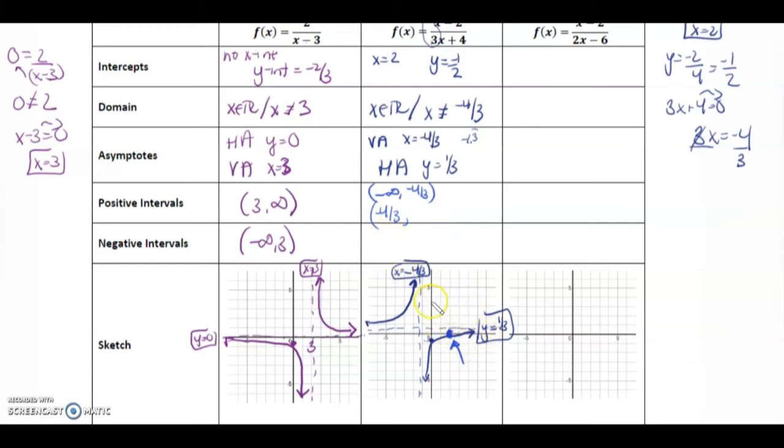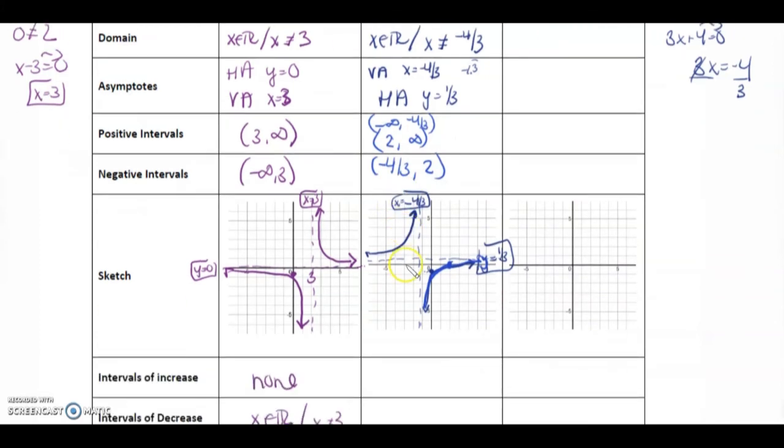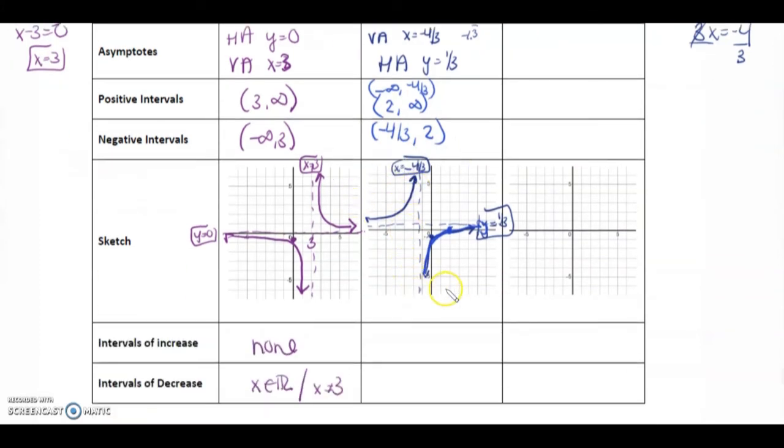Oh no, that's negative. My mistake. We're going to go from 2 to infinity again. And then the negative interval is here. So it's going to be negative 4 over 3 to 2, which is the x-intercept. Okay, this is increasing on x in the reals such that x does not equal negative 4 over 3. And there is no interval of decrease.